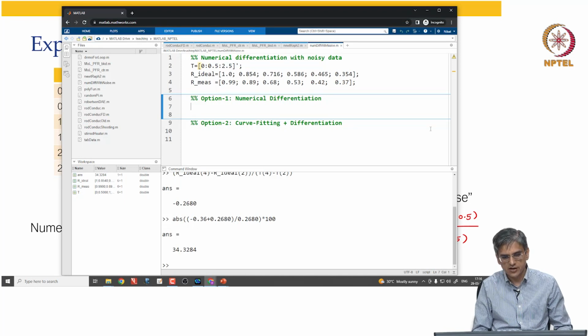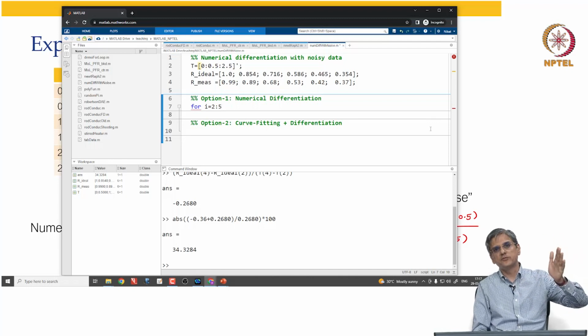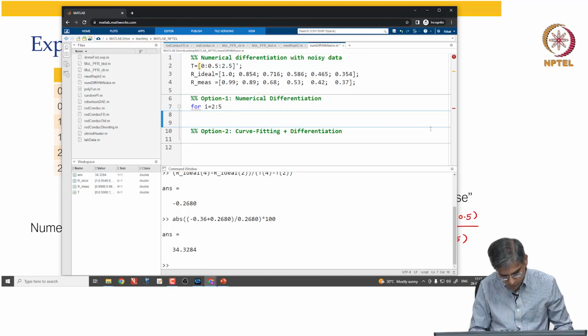Let us say for i equal to 2 to 5. There are 6 data points, so we will be able to use the central difference formula for 2, 3, 4, 5.